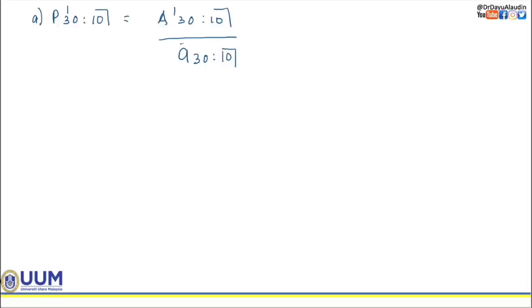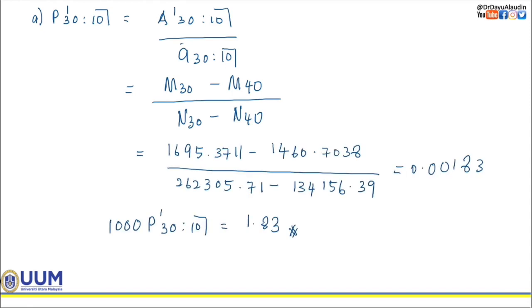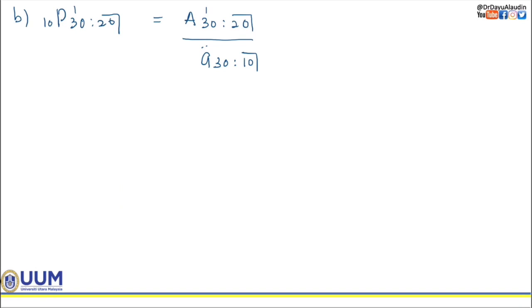Now we substitute the values inside. Then we convert in terms of commutation function, and we refer to the table and we get RM1.83. So don't forget to multiply with the benefit. Now we try to solve B. For B, be careful with the annuity.